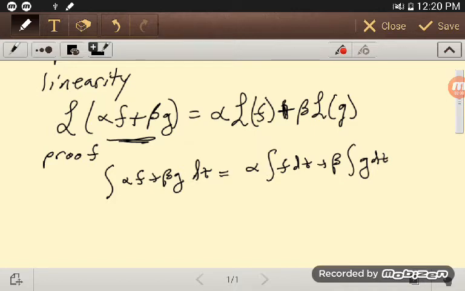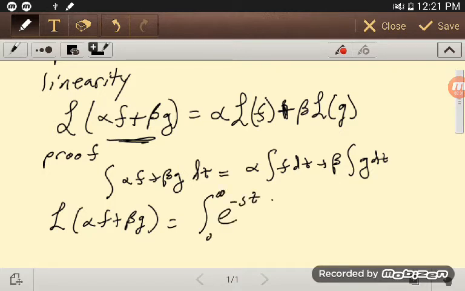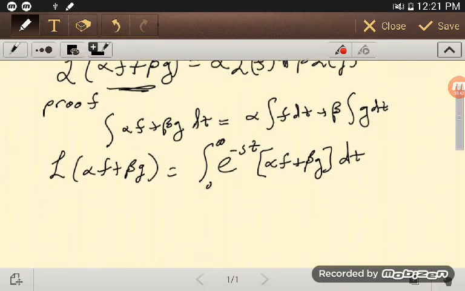And so in our actual proof, we would start with the left-hand side, the Laplace transform of alpha f plus beta g. Then we just write down the definition of what that is. That's the integral from 0 to infinity of e to the minus st times alpha f plus beta g dt, and now we just do our algebra.